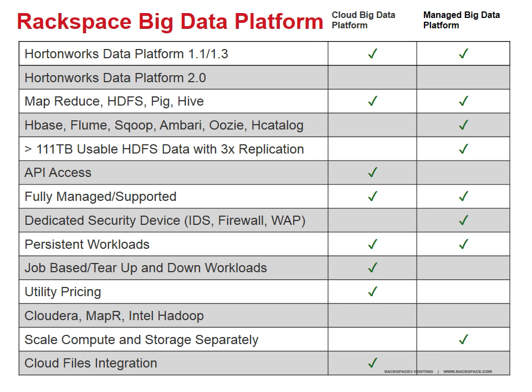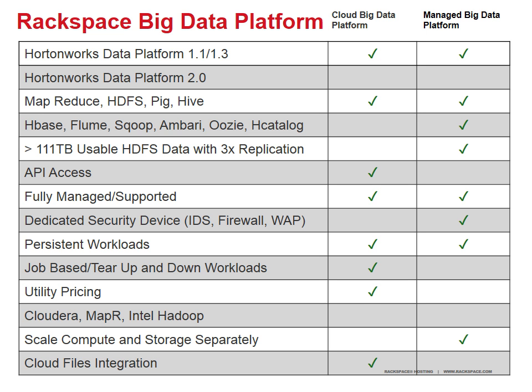I'm actually happy to announce that we've rolled over to HDP 2.0, which includes things like YARN, as well as HDFS 2.0, into the Managed Big Data Platform. So that is available today and fully supported by Rackspace and Hortonworks. The Cloud Big Data Platform, we are looking to roll into 2.0 roughly in about a month's time. So during the second quarter of this year, we will be rolling out the 2.0 framework.